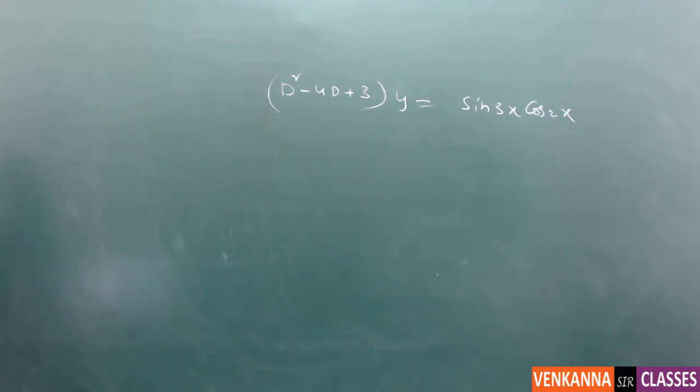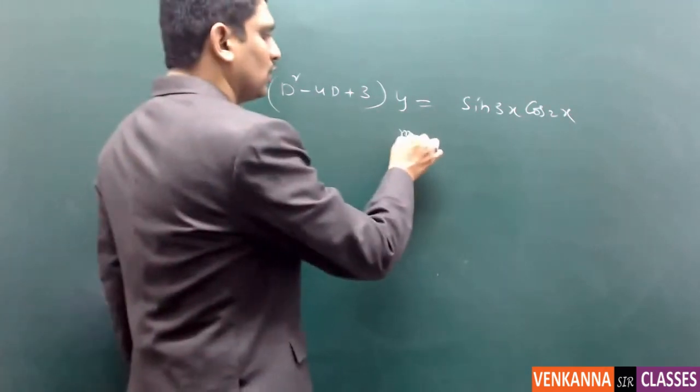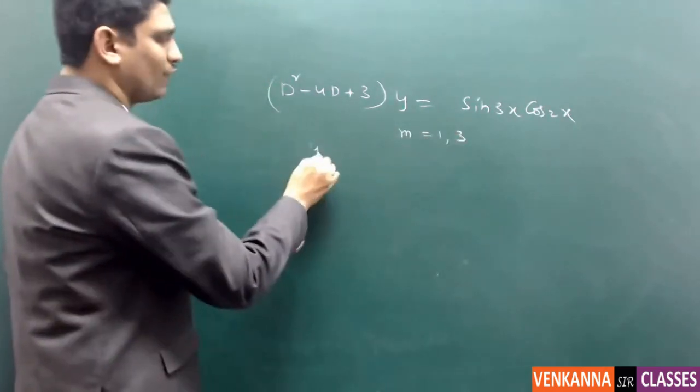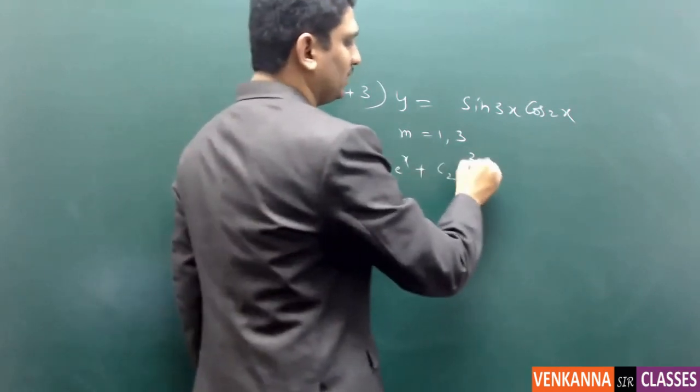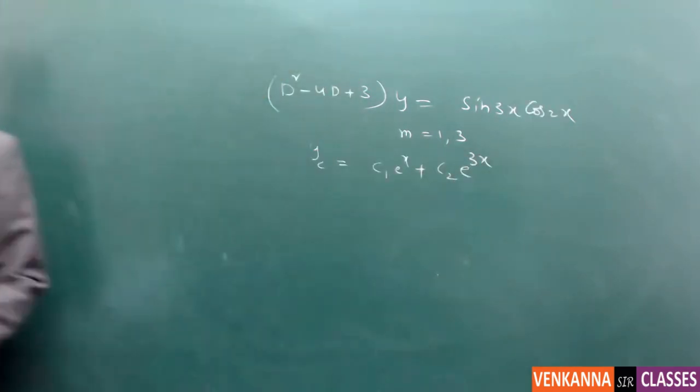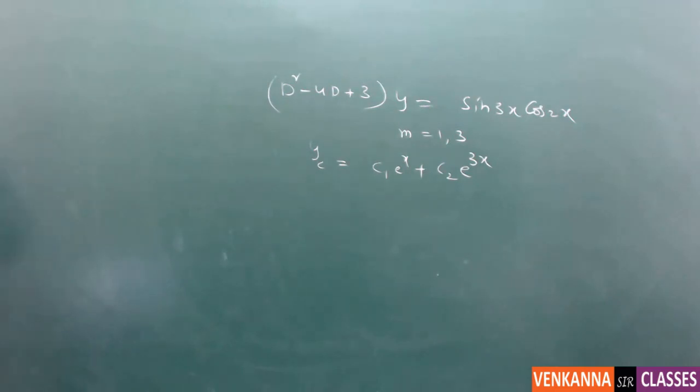I will write the solution at the last. Fine. So as we have given that roots are 1 comma 3, yc is equal to c1 e power x plus c2 e power 3x. Please check it and confirm, all of you.